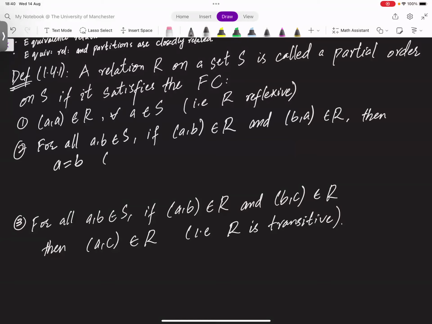And if this is true, then R is anti-symmetric.